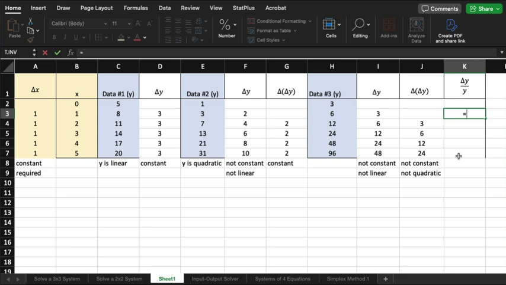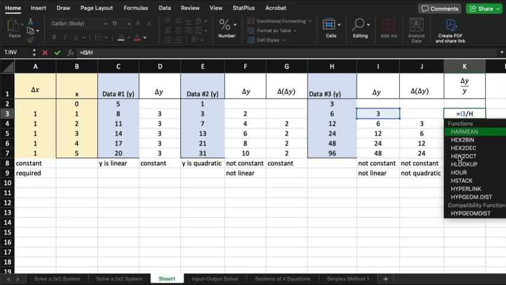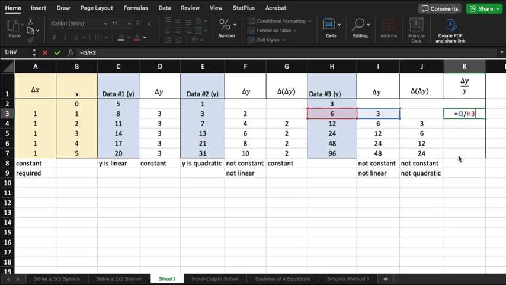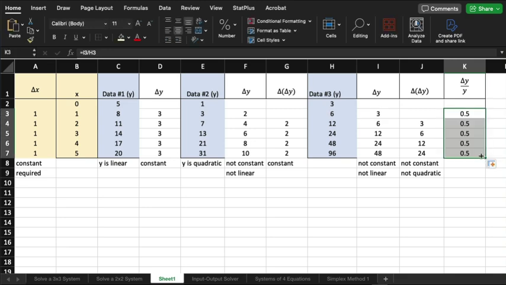So in cell K3, type equals, and we're going to divide I3 by H3. So that's our delta y divided by y. 0.5, scroll down, and that is constant. 0.5 is constant.